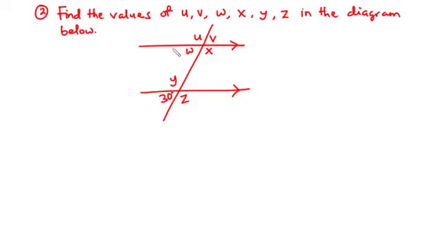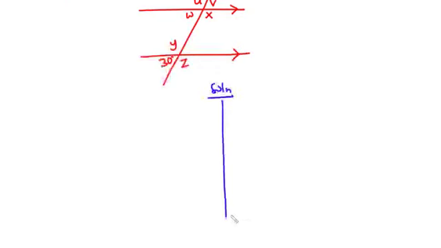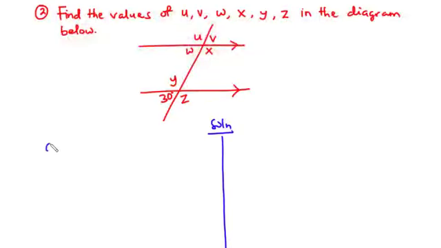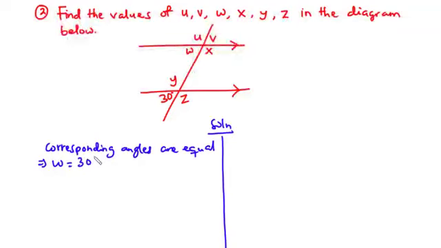So in that case, W is equal to 30 degrees. And then we have W equals 30 degrees.